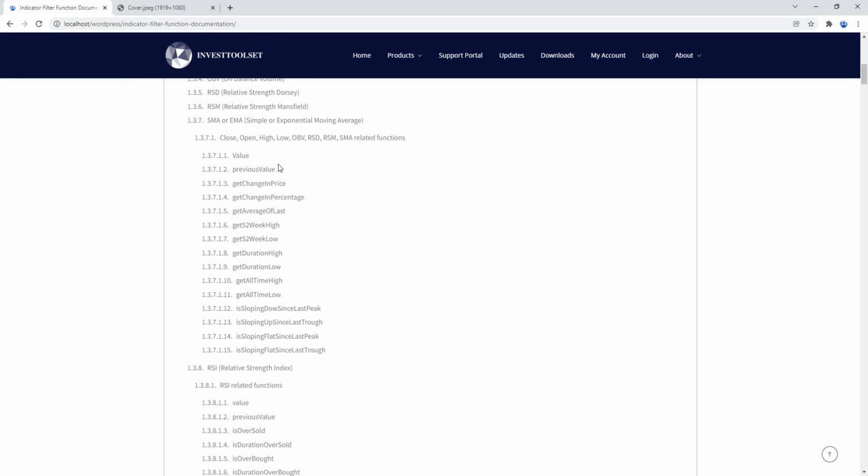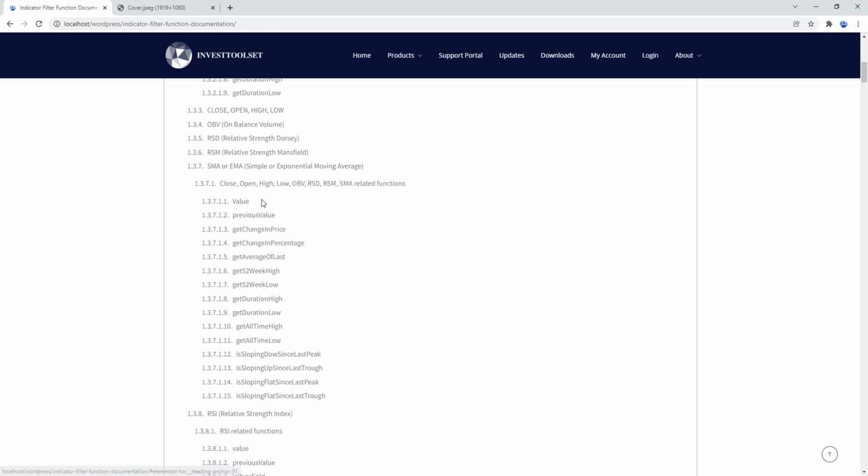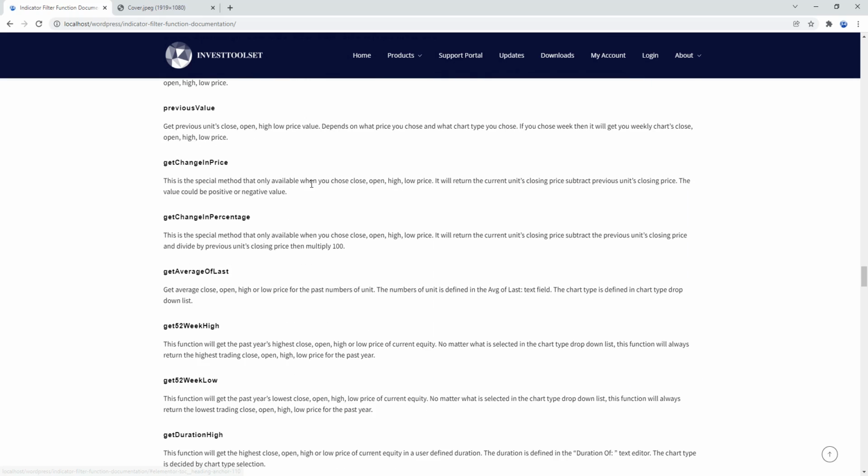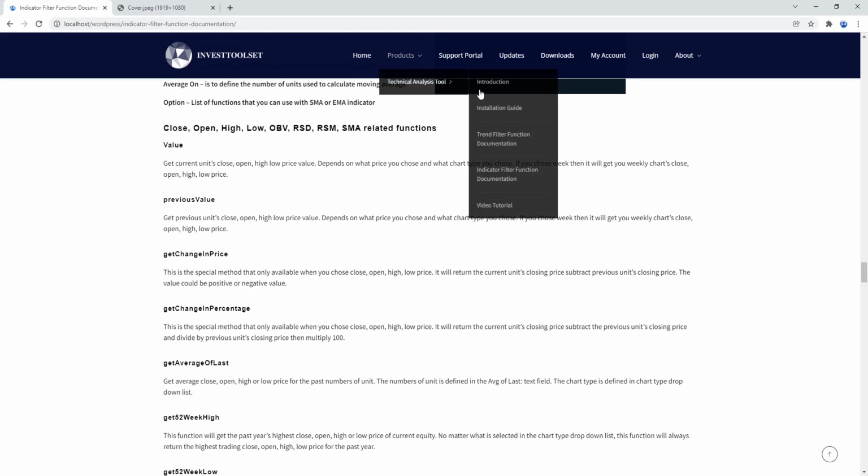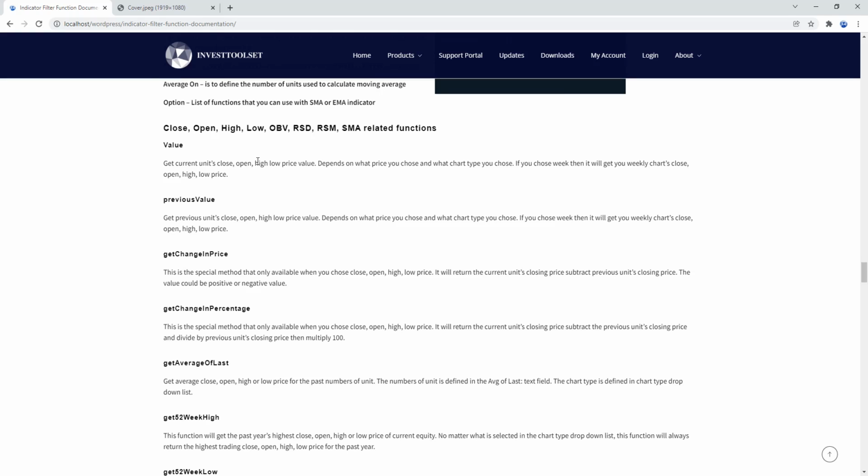For now, let's see what moving average related functions we can use. If you go into our main page, indicator filter function documentation, and browse into this section, as you can see, moving average is one of this group of indicators.